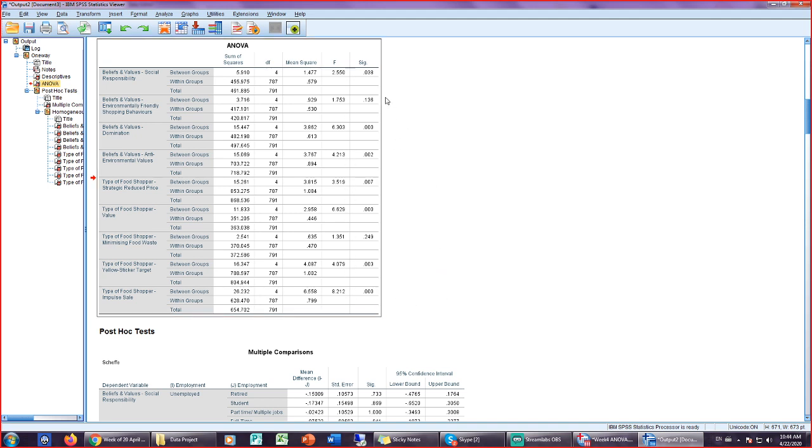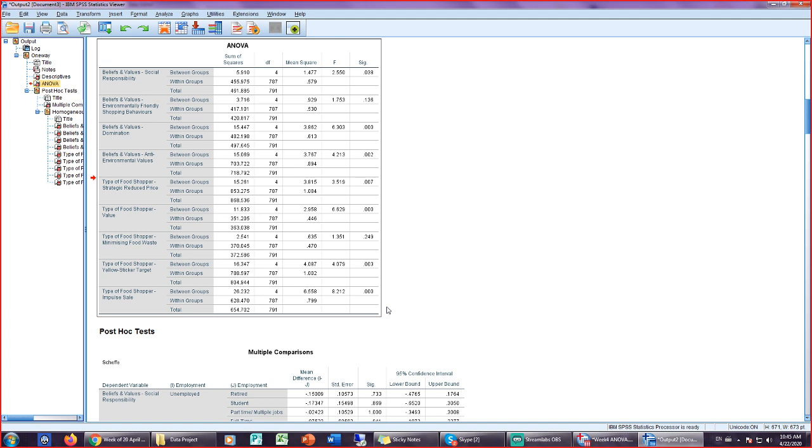The only 2 that are not are environmentally friendly shopping behaviors at a 0.14, not significant, and also type of food shopper, people who are trying to minimize food waste. So level of employment does not influence those 2. However, the rest of them are all below 0.05.